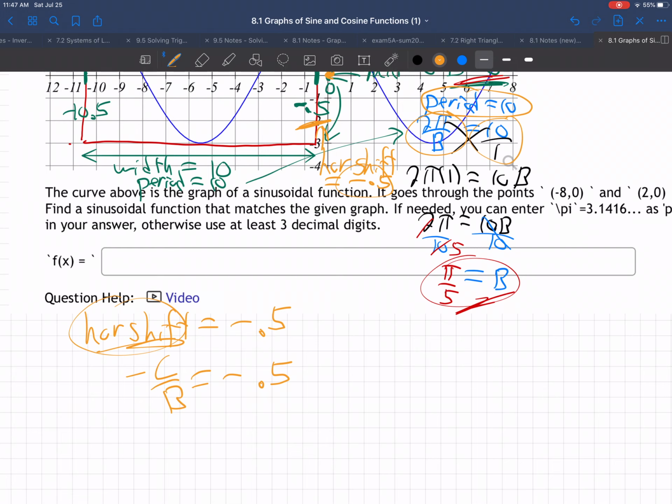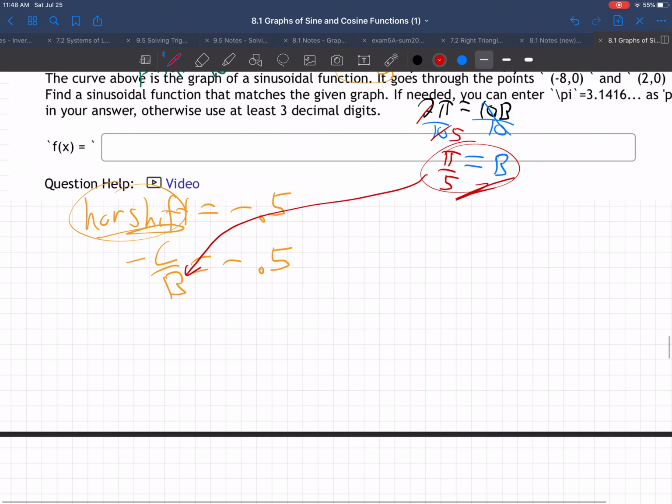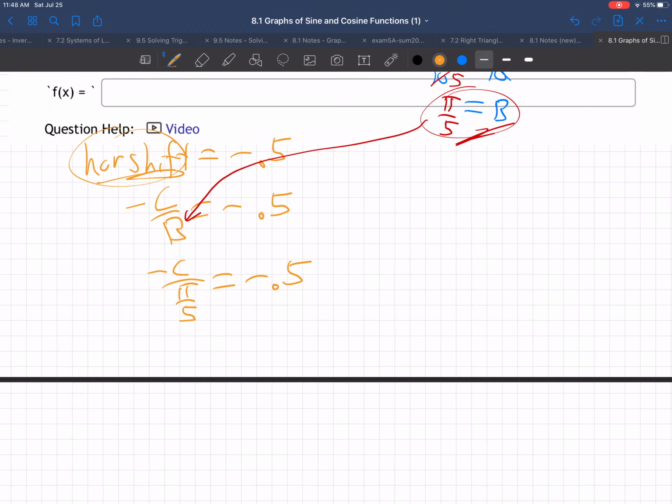We know b. Let's grab b and plug it in right there. Pi over 5, right? So we got negative c over pi over 5 is negative 0.5. Good so far. Now, how do we solve this? Well, put this over 1 and cross multiply.